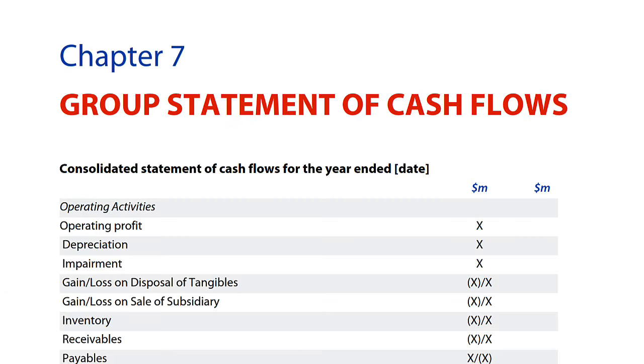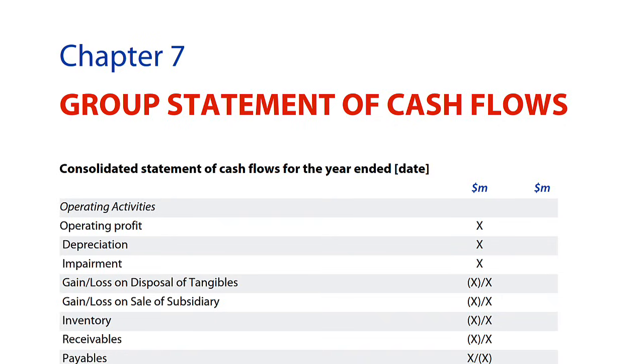Hi, we're going to talk now about the other group statement. We've dealt with the statement of financial position. We've dealt with profit and loss and OCI. Now we've got cash flow. And in the first question, we could be asked to adjust a cash flow statement, or possibly in a later question, we could be asked to comment on where things are recorded in the cash flow statement.